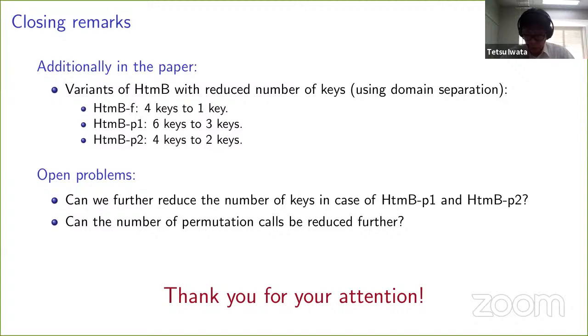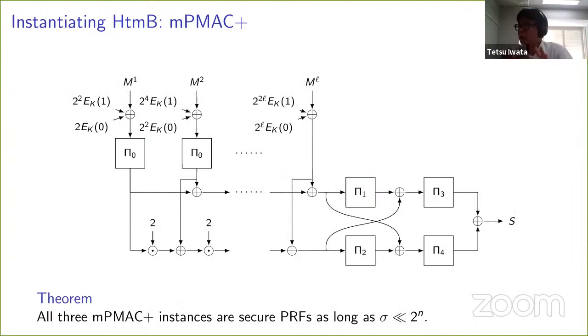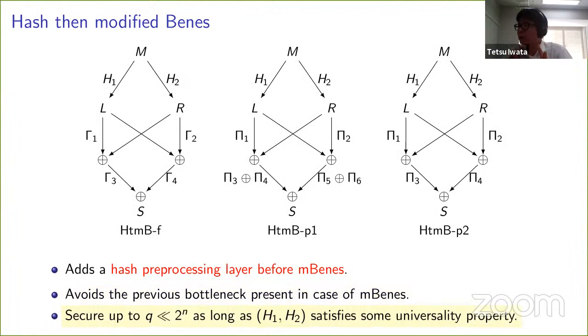You proposed 3 variants: F variant, P1 variant, and P2 variant. How do you compare P1 variant and P2 variant? I mean, what is the point of P1?